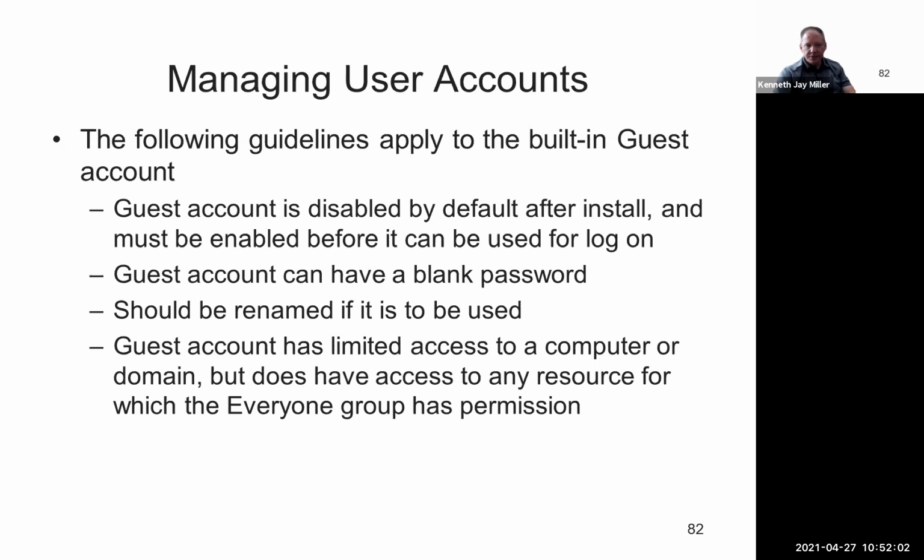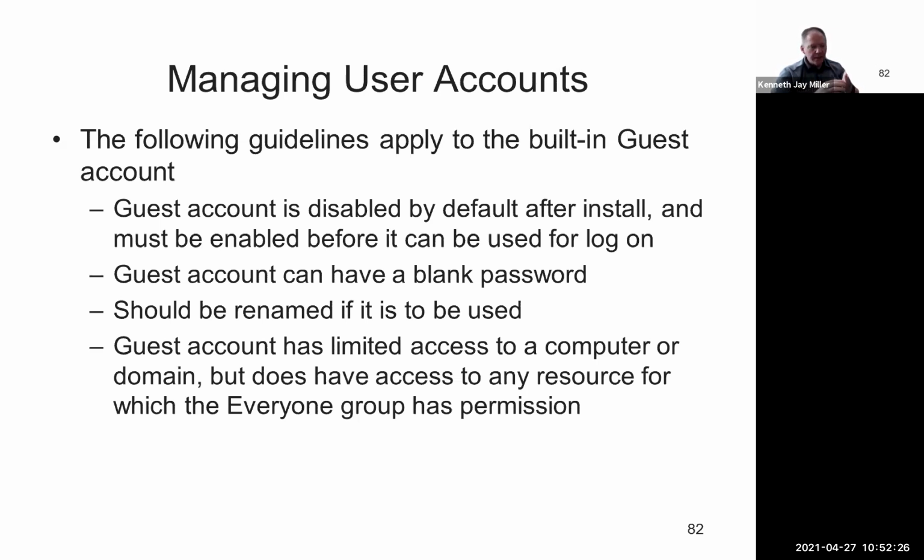Now, when we create file shares, normally we want to delete the everyone permission, so we don't imply that everyone can read it, unless we really want that to be true. When you set the permissions on the share, delete everyone has read, just remove it, and then explicitly say, this is who has permission.